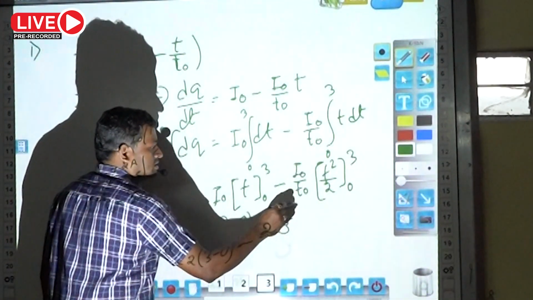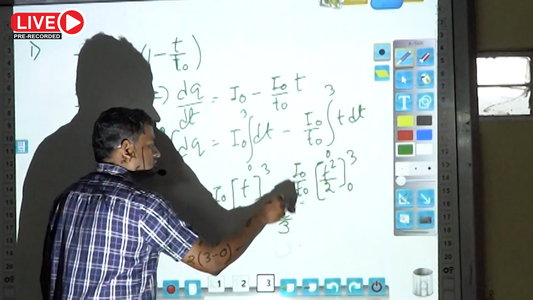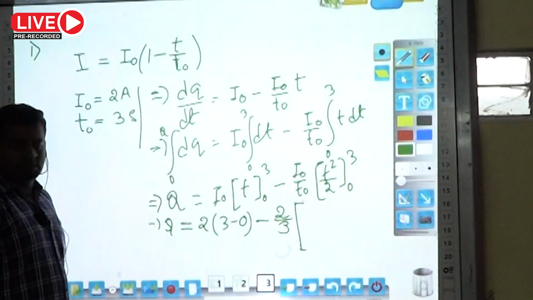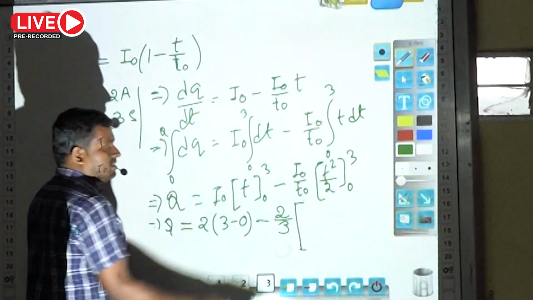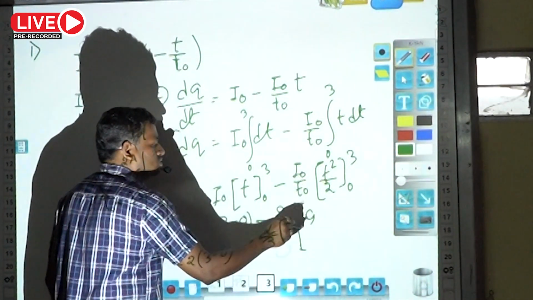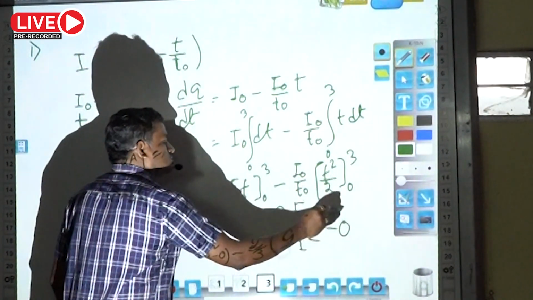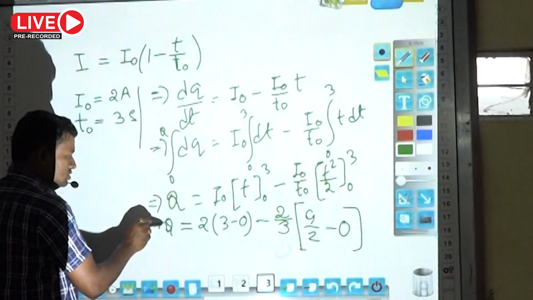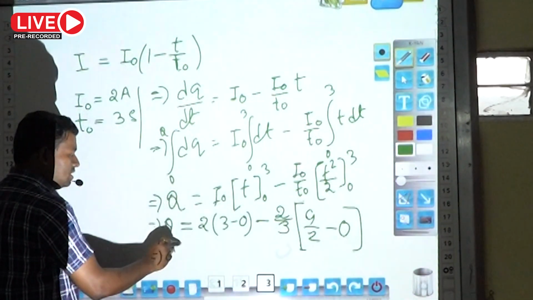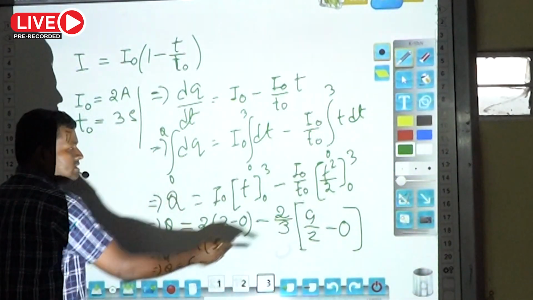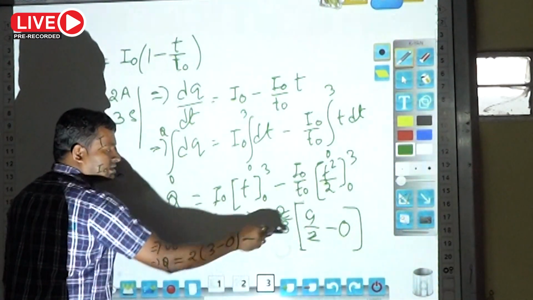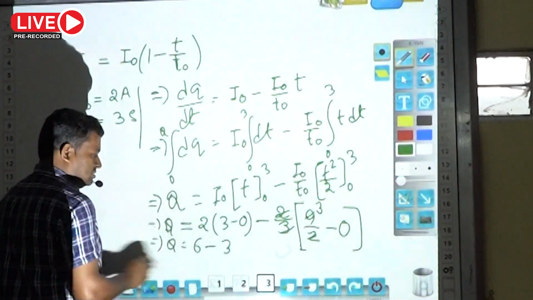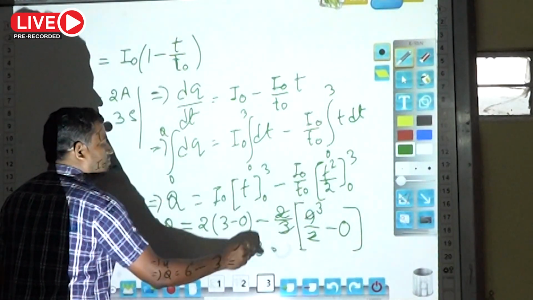So put that, then 3 square by 2, that is 9 by 2 minus 0. So it will become q equal to 6 minus this 2 and this 2 cancel, and we get 3. So it will be 3 coulomb.